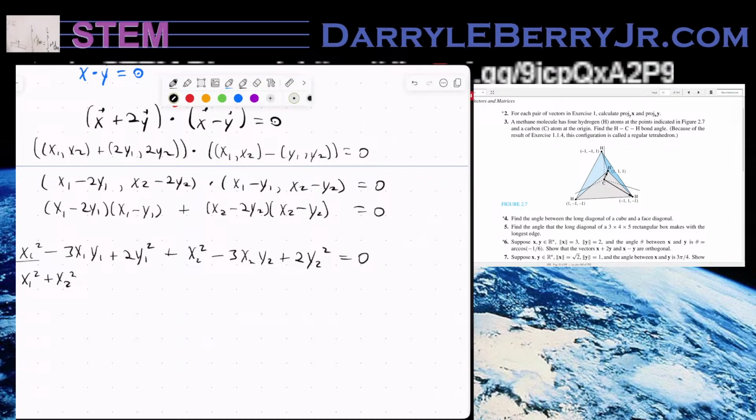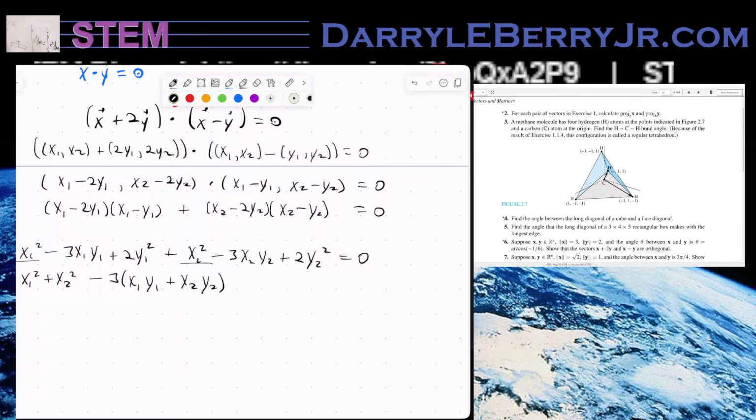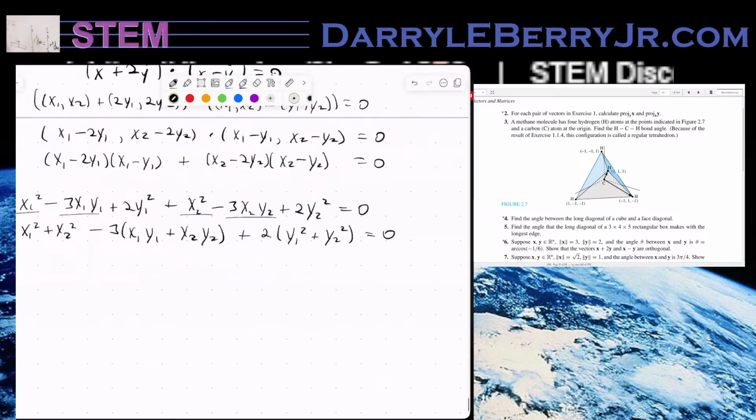So I have these pulled out, minus 3 times x1 y1 plus x2 y2, and plus 2 times y1 squared plus y2 squared equals 0.